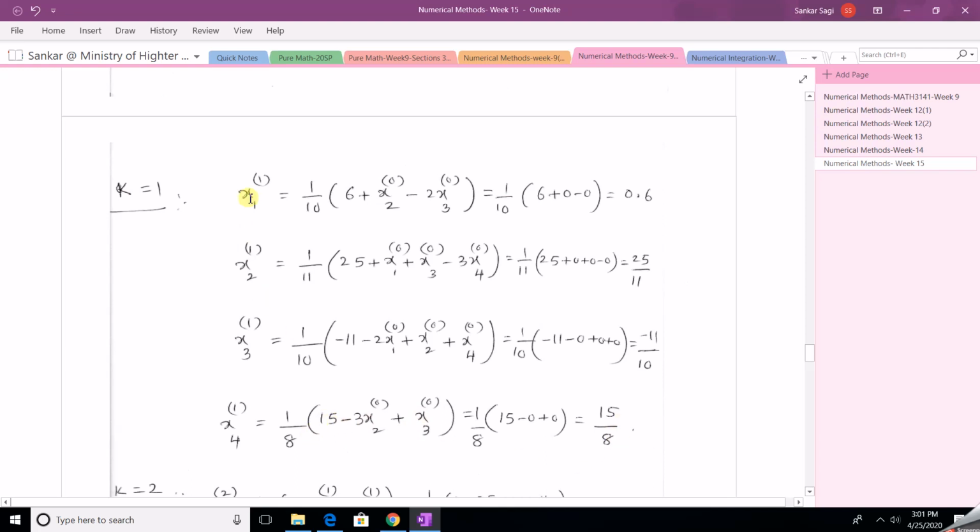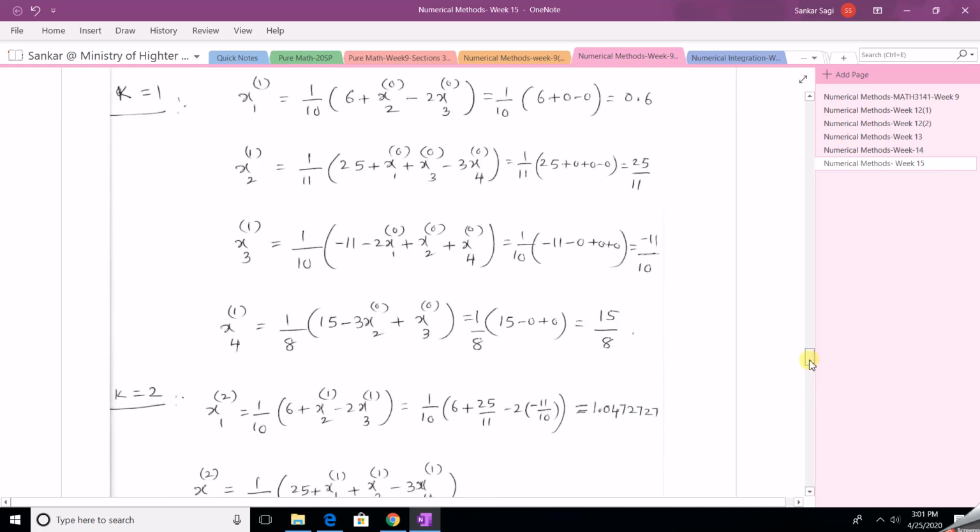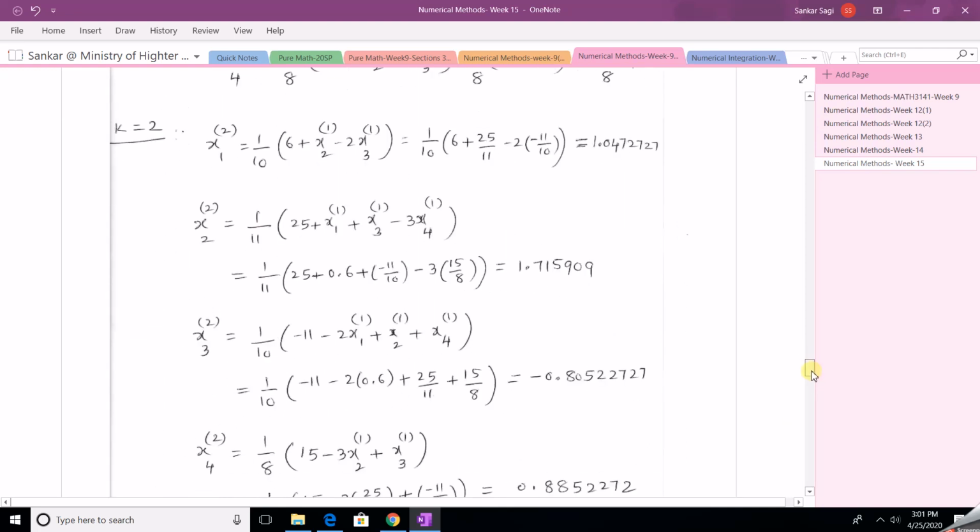Thus, we got the first approximations of all x1, x2, x3, x4. The first approximation of x1 is 0.6, of x2 is 25 over 11, of x3 is minus 11 over 10, and of x4 is 15 over 8. Once we have the first approximations, we can go for the second approximations, that is k equal to 2.